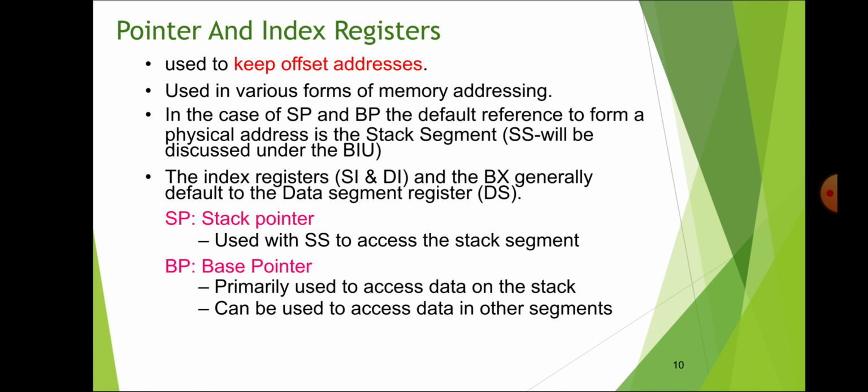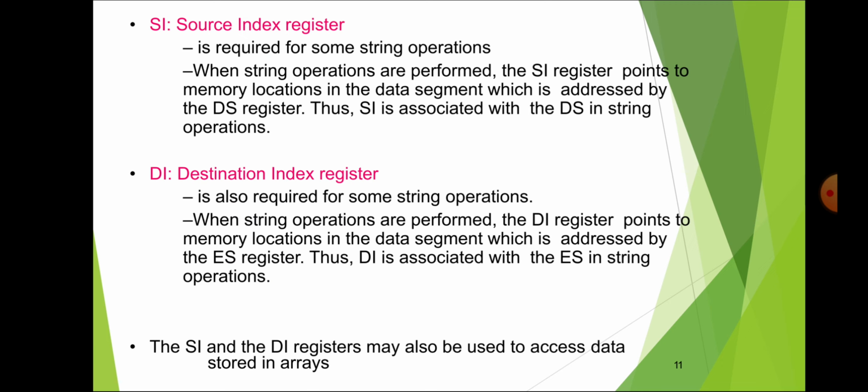The pointer and index registers are used to keep the offset addresses of the remaining three memory segments. The code segment stores the instruction pointer, but for the remaining extra segment, stack segment and data segment, the offset addresses are stored by the stack pointer, base pointer, source index and destination index registers.